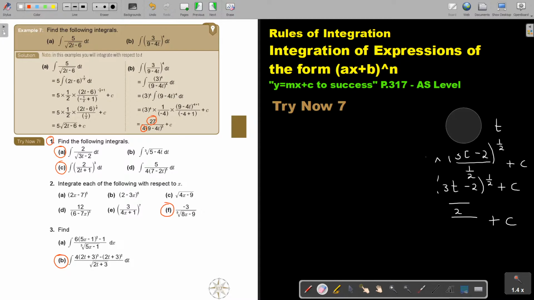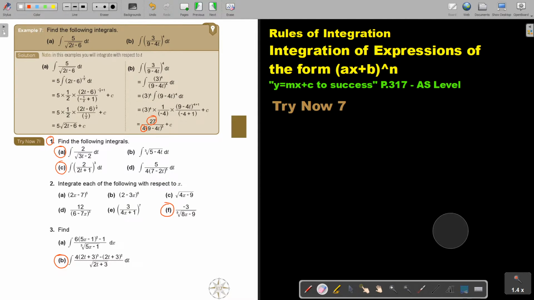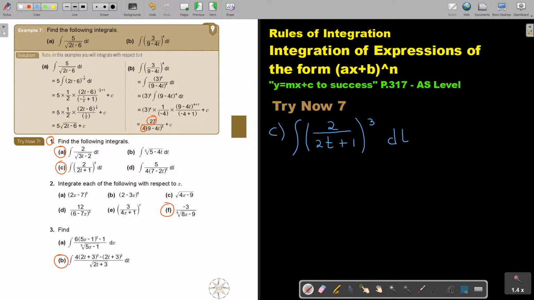I'm going to make space, otherwise I struggle too much at the bottom. Okay, so number c. So there's my integral sign. There it is, 2 over (2t plus 1) to the power of 3, and I'm integrating with respect to t.